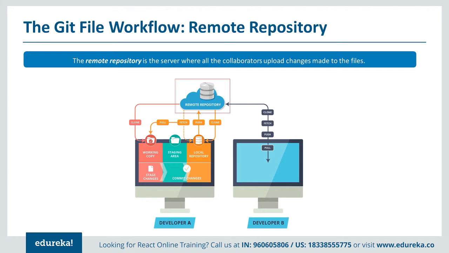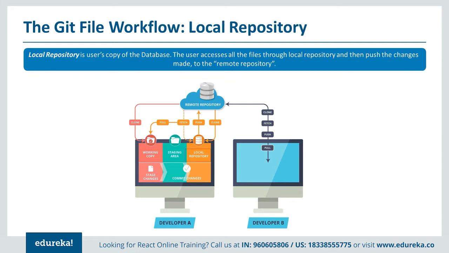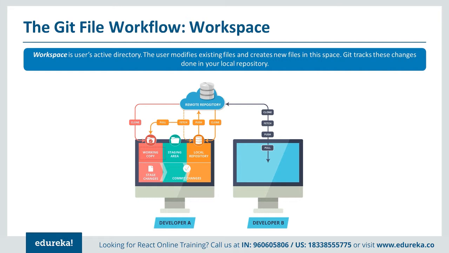If I talk about them one by one, the remote repository is a server where all the collaborators upload changes made to the files. Then the local repository is a copy of the database. The user saves all the data files locally. Then the working copy is a space where the user works in the active directory. The user modifies existing files and creates new files in this space.